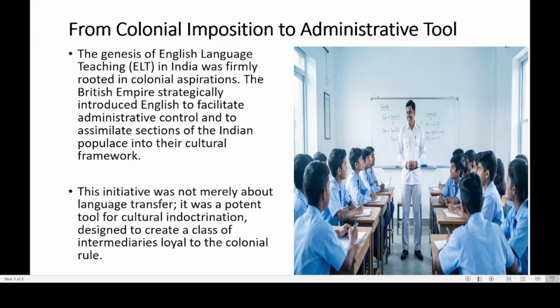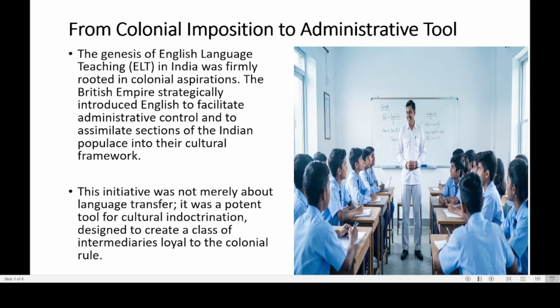You must have remembered, students, I have referred to the name Macaulay in our lecture. So, in 1835, a British official named Thomas Macaulay suggested that higher education in India should be given in English.